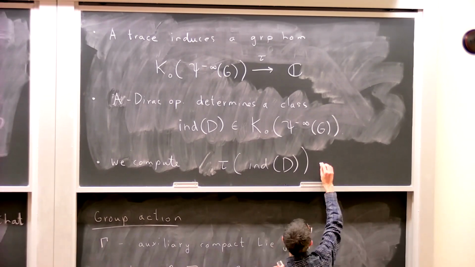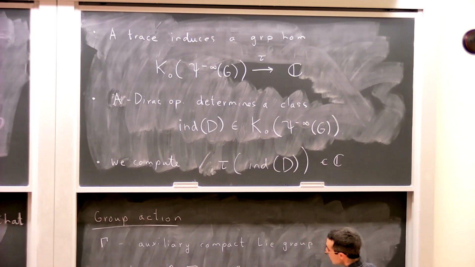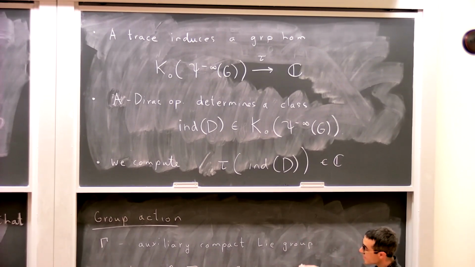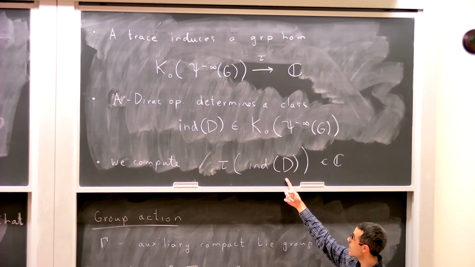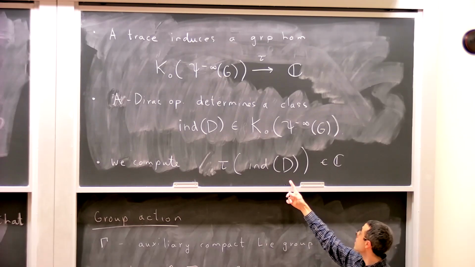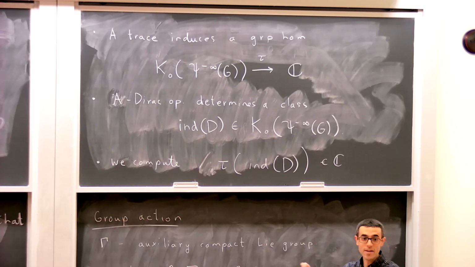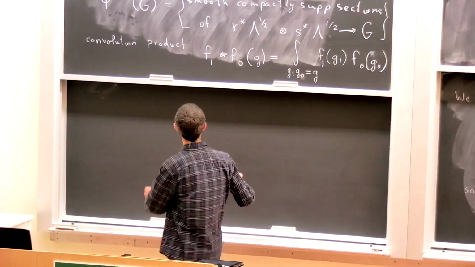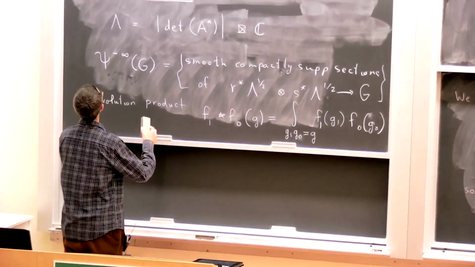So this is just a complex number. But when you have a group action around, just like in the ordinary setting, there's a way to twist this construction in order to get not just a complex number, but a function on the group. So there's a notion of equivariant index, and that's really what we compute. So now I'll just write down the main result, and then I think I'll be out of time.